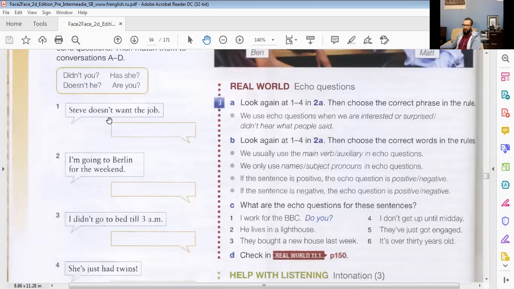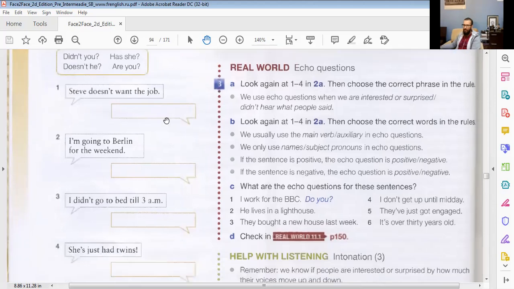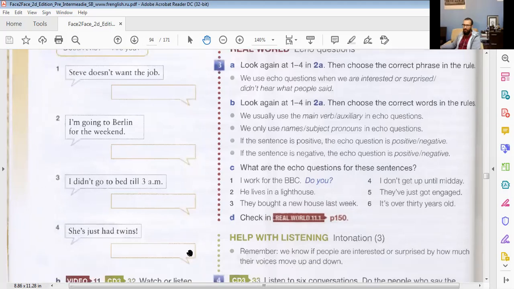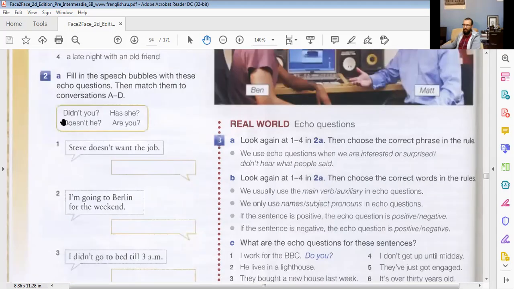So in each situation, one person is talking, and then we have a response. Something, a response, something, a response, something, a response. So we're going to fill these 4 responses in these 4 speech bubbles, using the words in this box. So we have, didn't you? Has she? Doesn't he? Are you? So let's start with the first one.